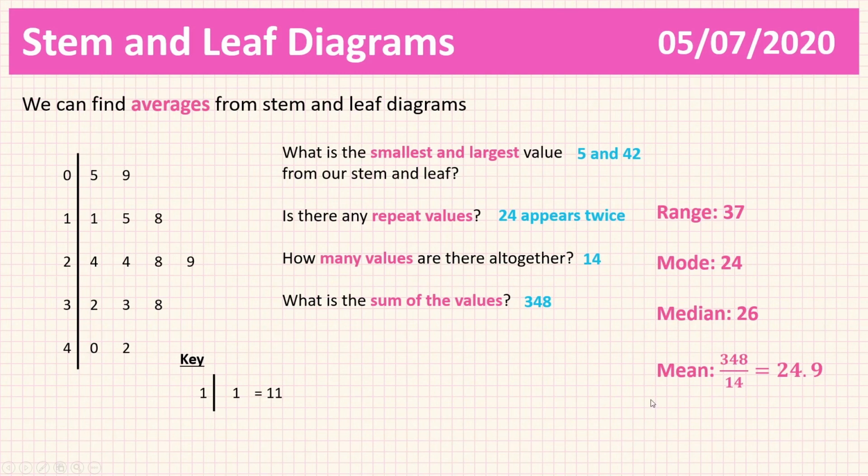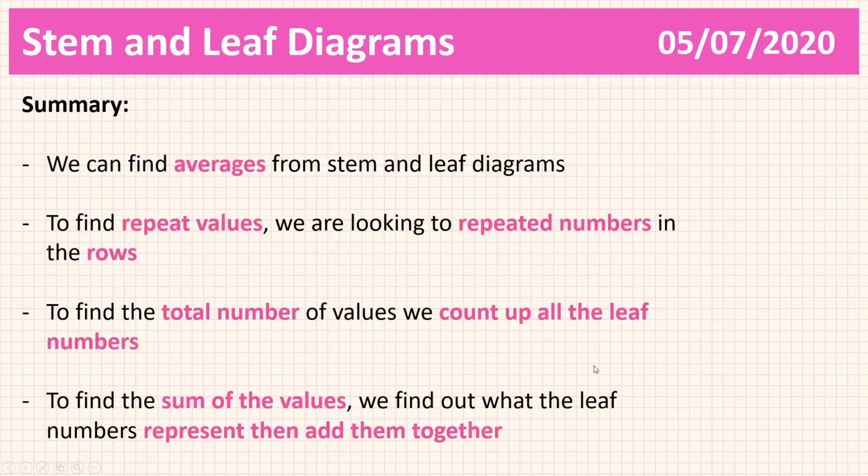Okay, so hopefully that's been helpful. Just to summarize before you go off and try some practice, here are the key things to take away. We can find averages from stem and leaf diagrams. That's really important to understand. When we're looking for repeat values, we're looking for repeated numbers in the rows, not in the columns.